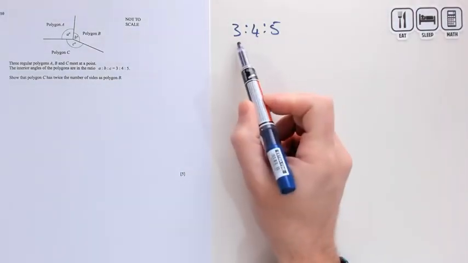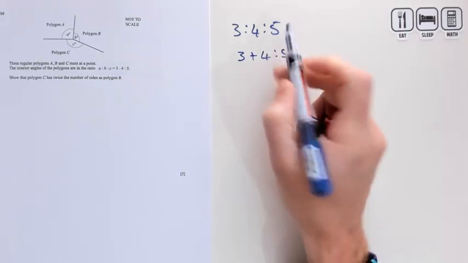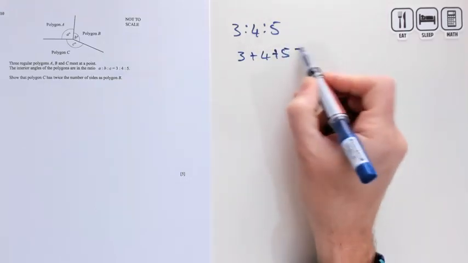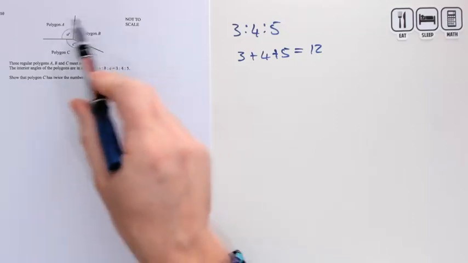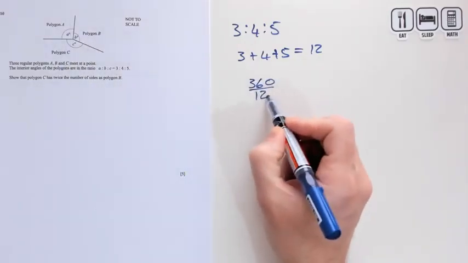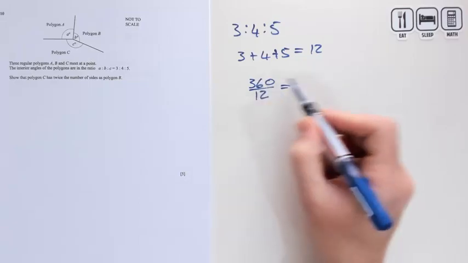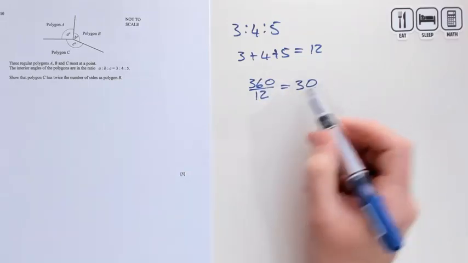Okay, so ratio question, we'll just add these up first. So 3 plus 4 plus 5 would equal 12. And I know there are 360 degrees all the way around, so it'll be 360 divided by 12, and 12 goes into 36 3 times, and then the 0 is left. So 30 degrees.